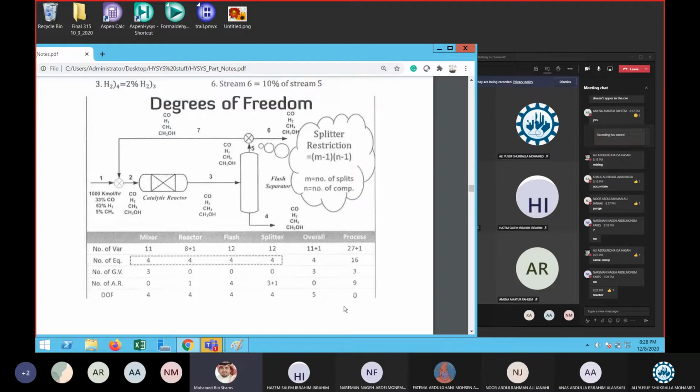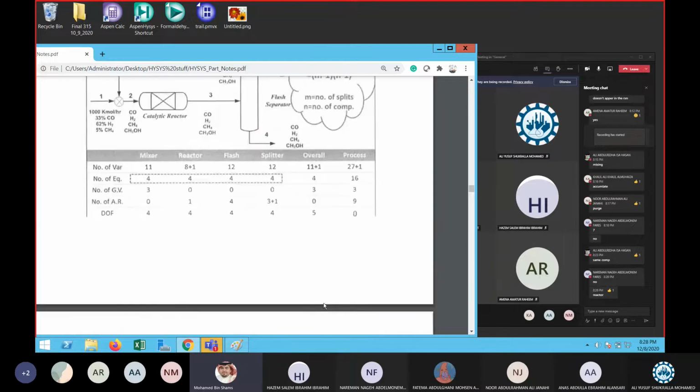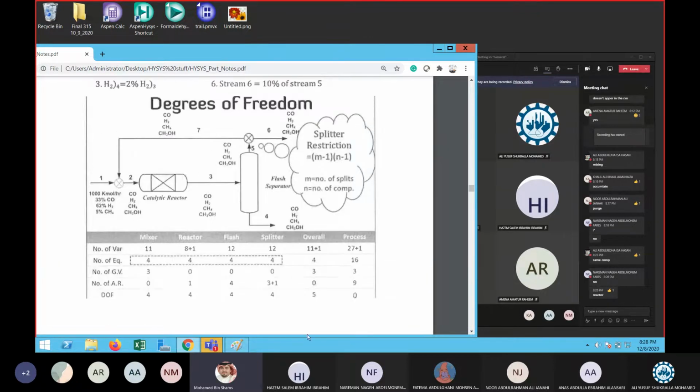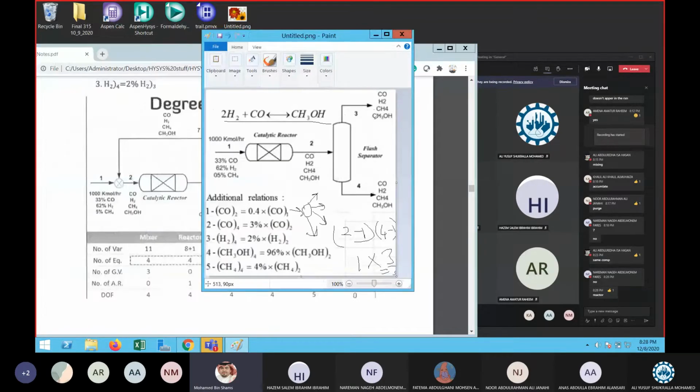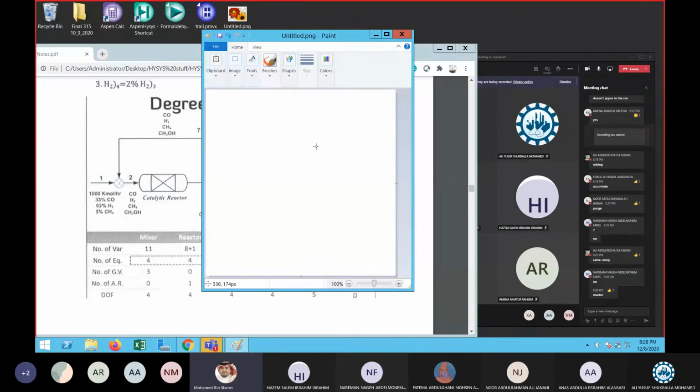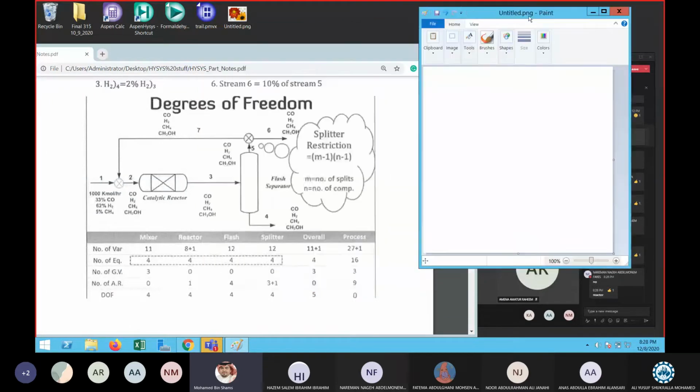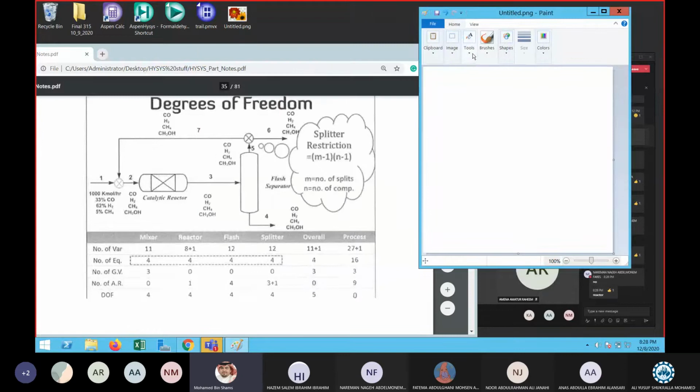I can solve the process. Now, Shabab, pay attention. If I give you this problem, when I was talking about the AX equal B problem, you would tell me, yeah, the degree of freedom of the process is 0, the system is solvable, Doctor.